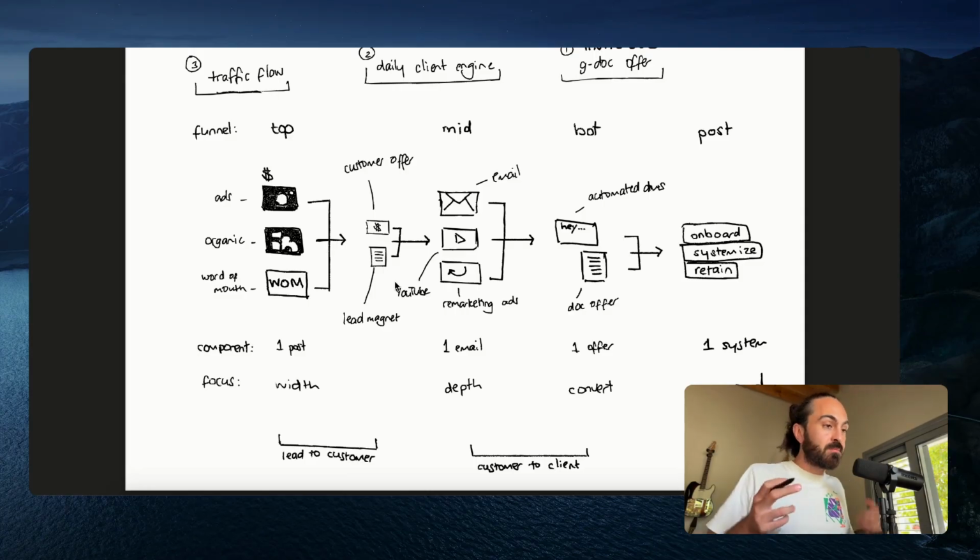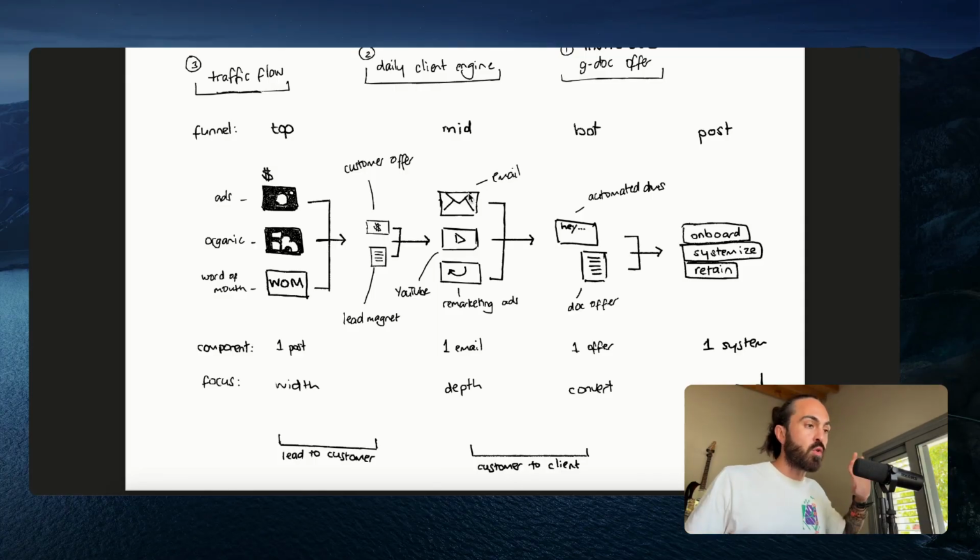A little customer offer, a low ticket offer. I use these names interchangeably in order to turn them into a customer, because when I am talking to people on email, if I'm talking to customers that have already bought from me, it's so much more powerful than talking to leads and trying to convince them to turn into a client, right?